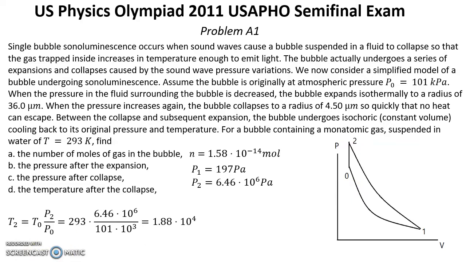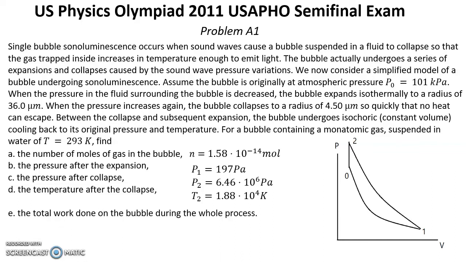So temperature will be T0 multiplied by P2 over P0, which is these numbers. So that will be 1.88 times 10 power 4 Kelvin. So that was the answer for question D.